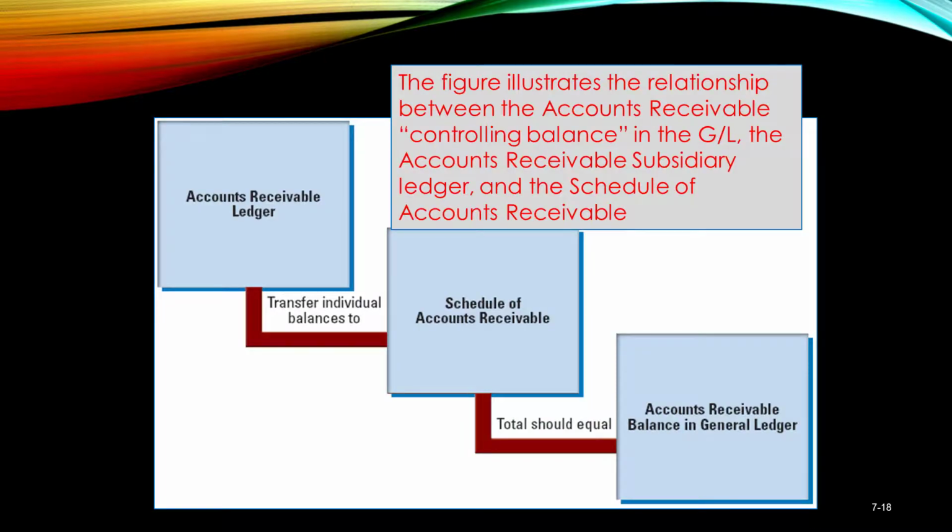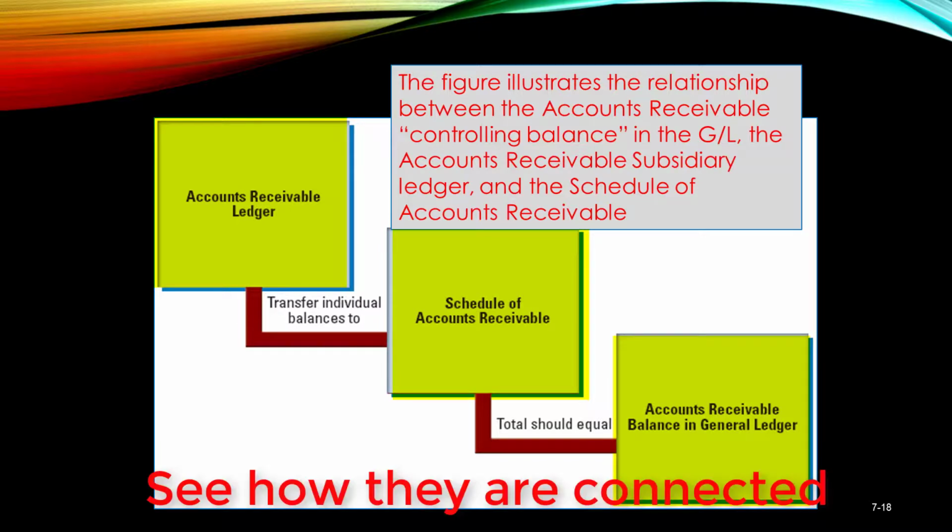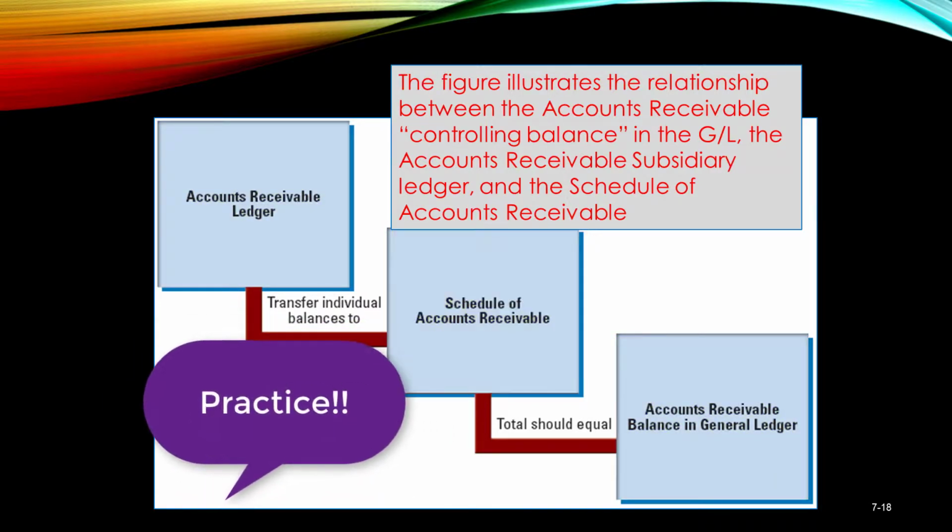This final slide illustrates the relationship between the accounts receivable controlling balance in the general ledger, the accounts receivable subsidiary ledger, and the schedule of accounts receivable. Take a moment to review how they are all interconnected. Of course, the best practice for this is to sit down and try a couple of problems.